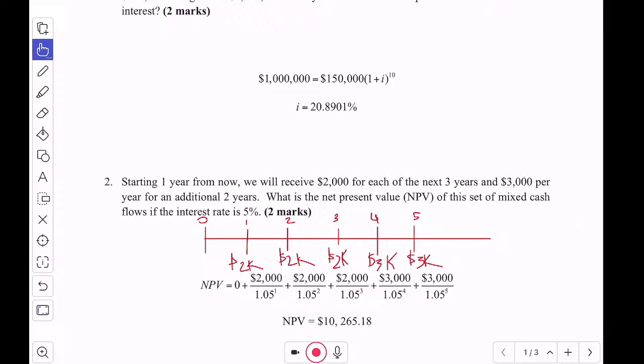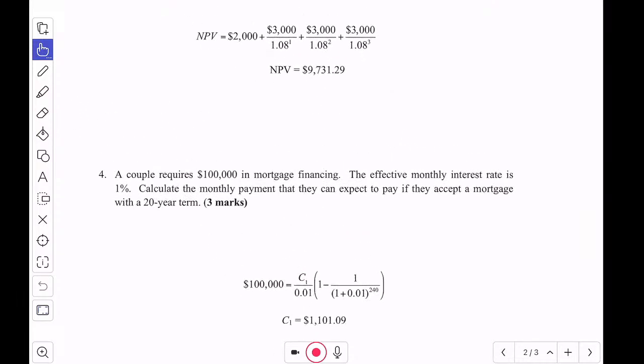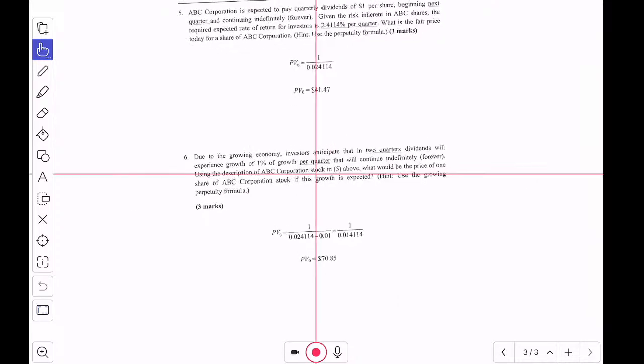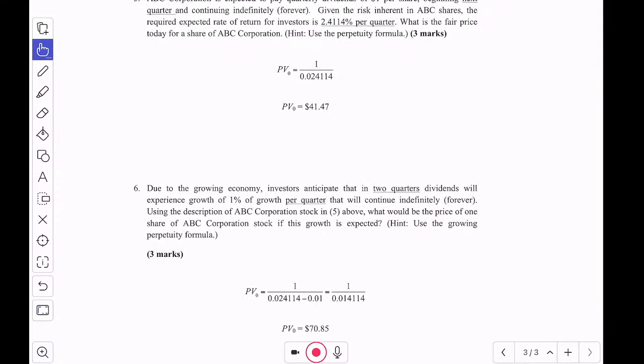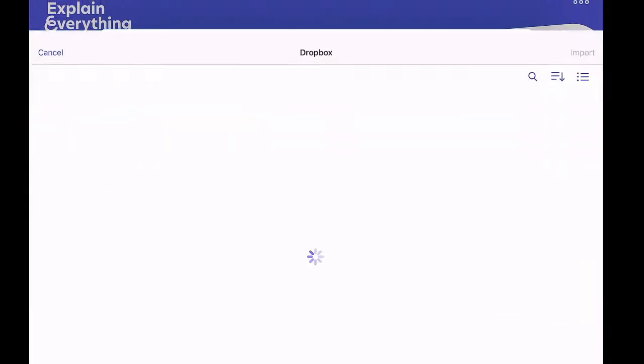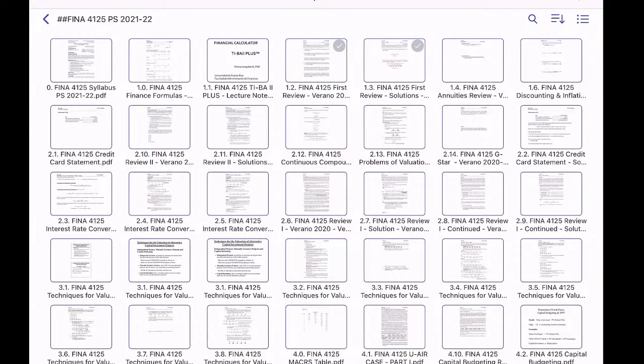Any questions about these? They were very simple problems where I introduced the mortgage and I had some net present value exercise, and then there were some stock valuation problems, very basic. So no questions about that. What about the annuities?